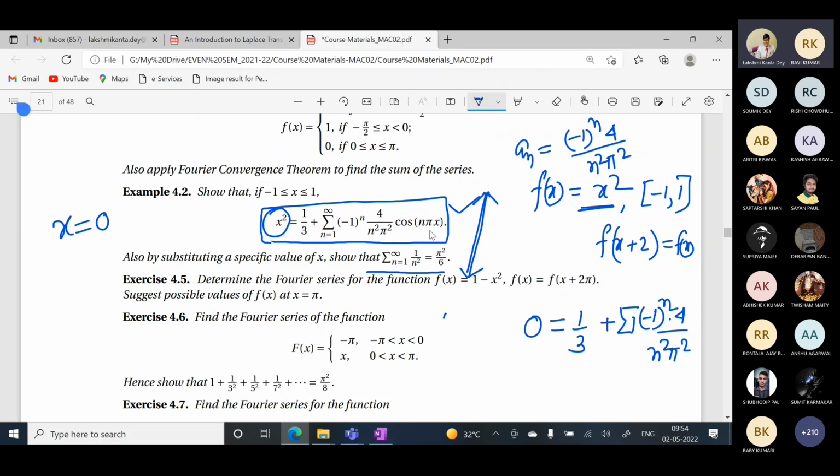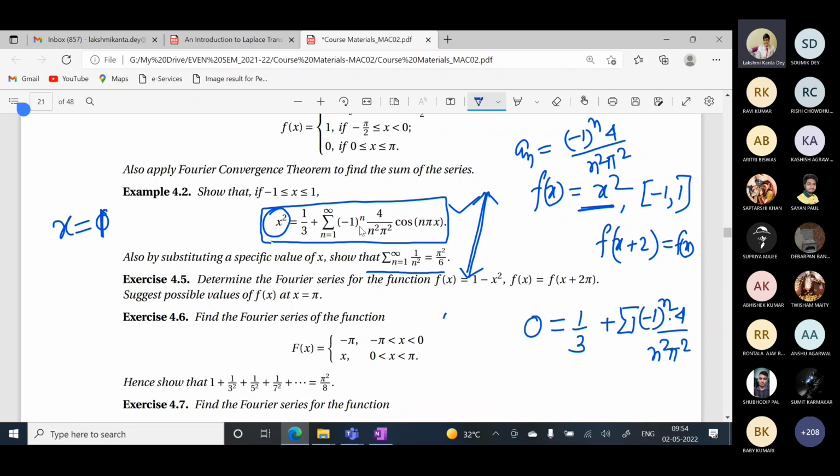You have to put x equal to 1, so that cos n pi comes. What is cos n pi? Minus 1 to the power n.